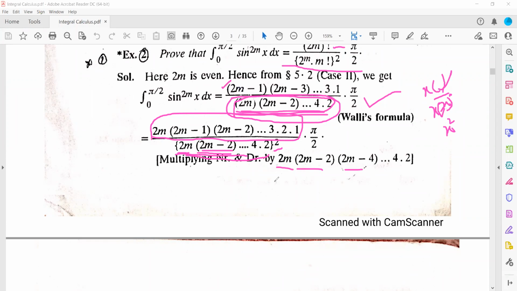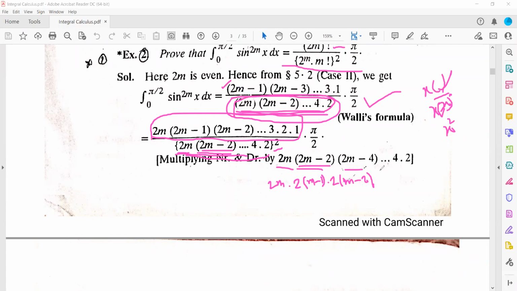Now, from this, see here, it is twice m, no problem at all. Then from this, if you take 2 common, so 2 into what? m minus 1. Is it not? From this, if you take 2 common, what will it be? m minus 2. The next term will be what?